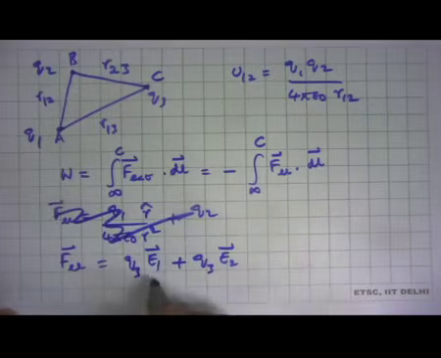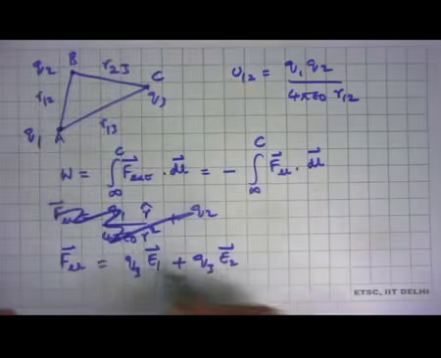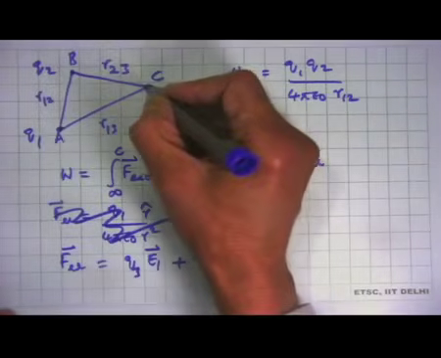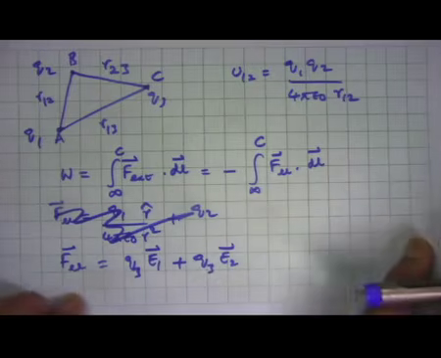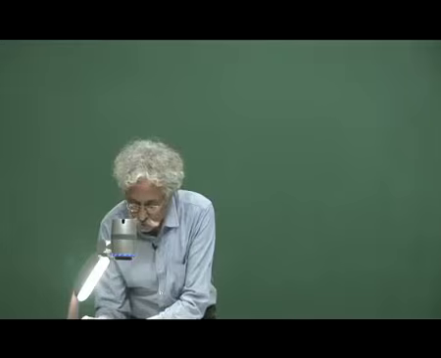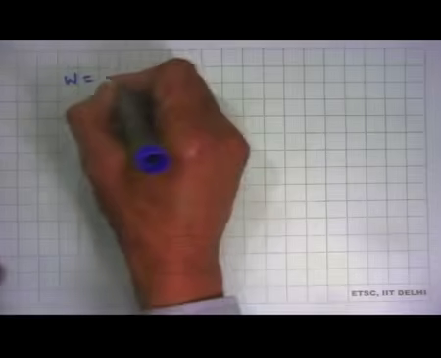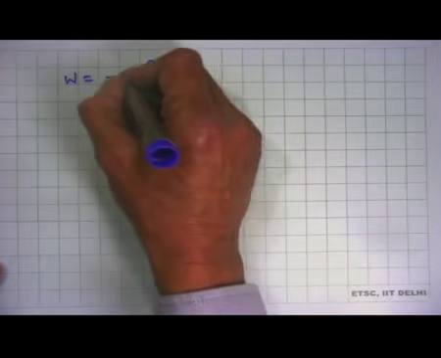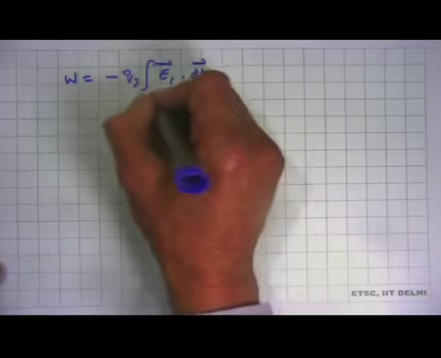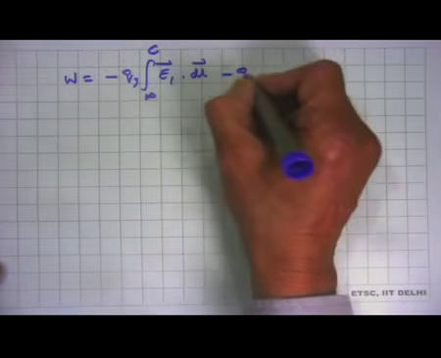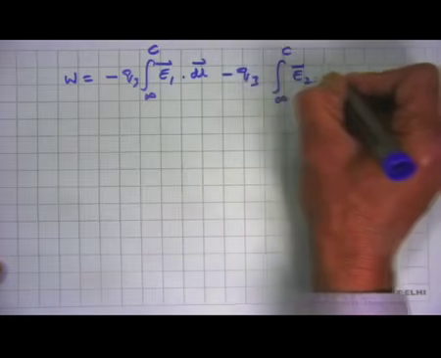This is the force on the charge q3 because of the electric field of q1. This is the force on the charge q3 because of the electric field produced by q2, and so this is the total electric field that the charge q3 has to move against. So, the work done will be equal to minus q3 integral from infinity to C of E1 dot dl, minus q3 integral from infinity to C of E2 dot dl.